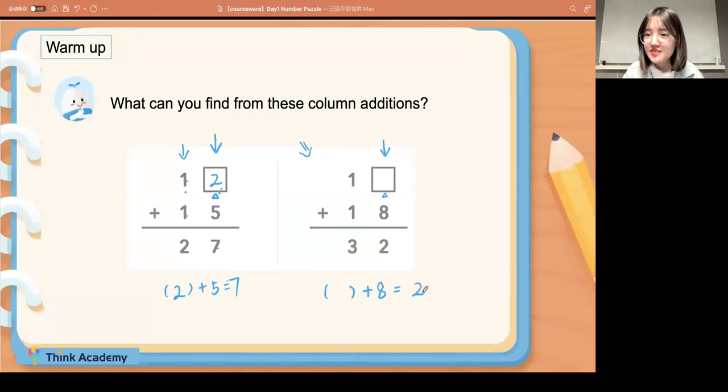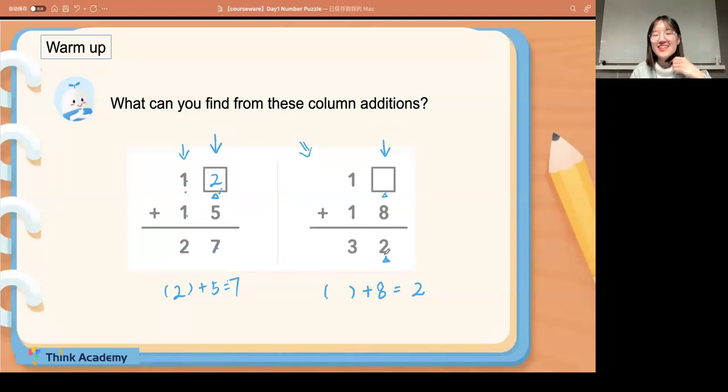But 2 is smaller than 8. How can we get a smaller number after addition? Oh, I got it. If the number is smaller after we do addition, then it means there will be a hidden 10 in the 2. So for this 2, actually it's not 2. Actually it is 12.